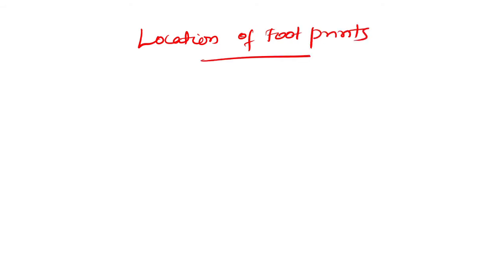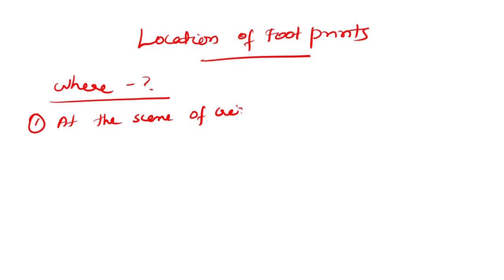Next is the location of footprints. From where do we get the footprints, and where all do we have to search in order to collect footprints as evidence? First one is obviously the scene of crime, and second is around the place of occurrence.